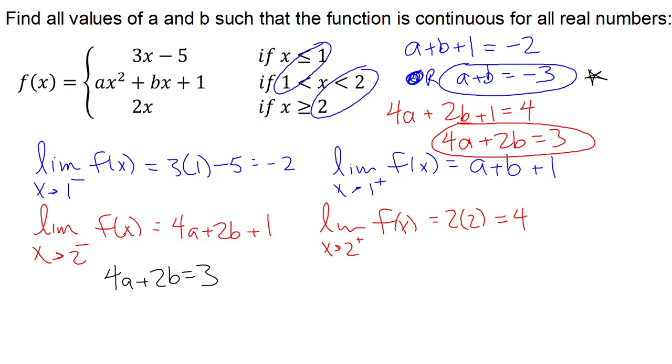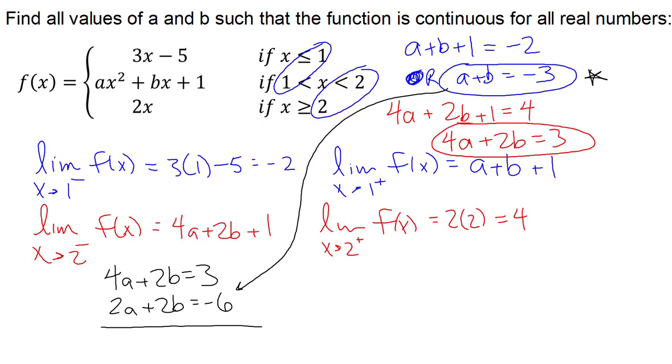So I'm going to multiply everything in a plus b equals negative 3 by 2, which gives me 2a plus 2b equals negative 6. Right? So that's coming from this a plus b equals negative 3. And now I can just subtract: 4a minus 2a is 2a, 2b minus 2b is nothing, and 3 minus negative 6 is 9. So we end up with a equals 9 halves.